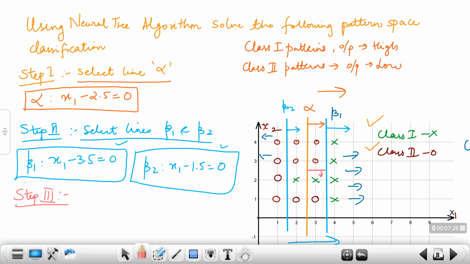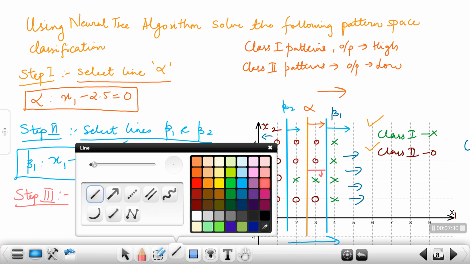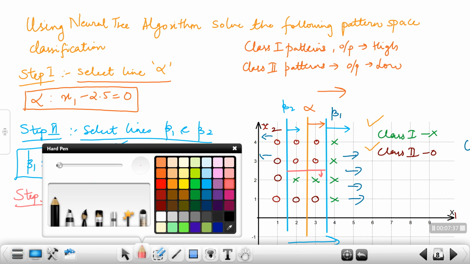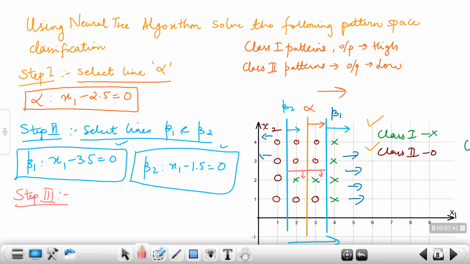Similarly on the other side also I can take the same line, and again here the direction can be the positive direction. So this line will be, say, gamma 1, and this line will be gamma 2. So what is the equation of gamma 1? Obviously the equation of both gamma 1 and gamma 2 will be the same.